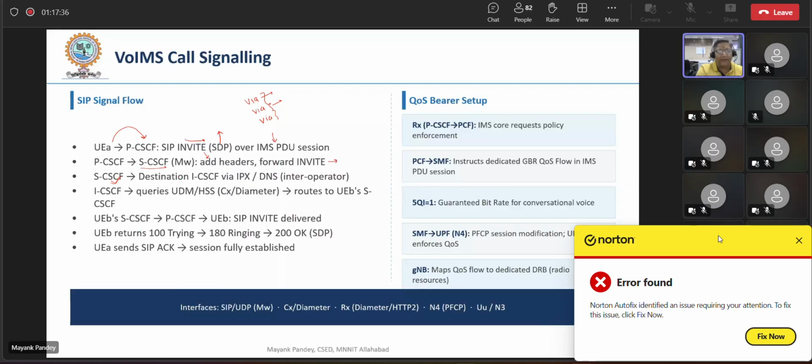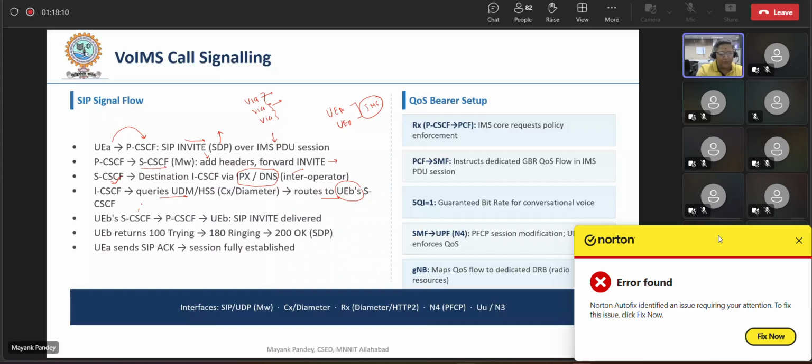Suppose that the S-CSCF belongs to another mobile, another operator, then we will go via IPX using DNS. The I-CSCF will query the UDM, as I told you, and it selects UE B's S-CSCF. In our case, both UE A and UE B will be connected from the same IMS, so we will not be able to see the IPX and a different S-CSCF here.